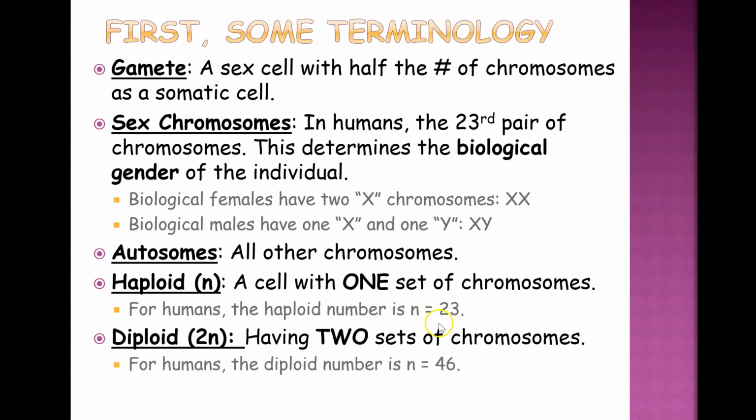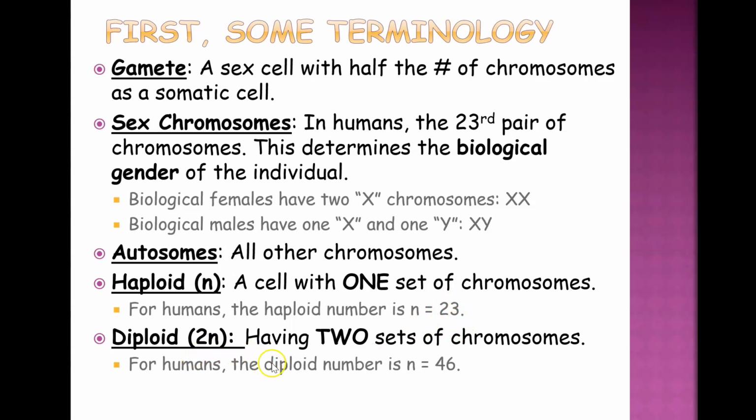And therefore diploid, meaning double, 2n, means that there are two sets of chromosomes. So for human beings, the diploid number would be 2n equals 46. So haploid, half the number of chromosomes, which is 23.